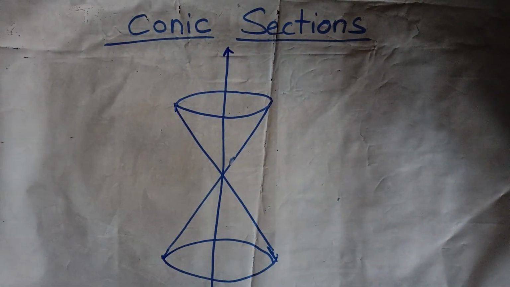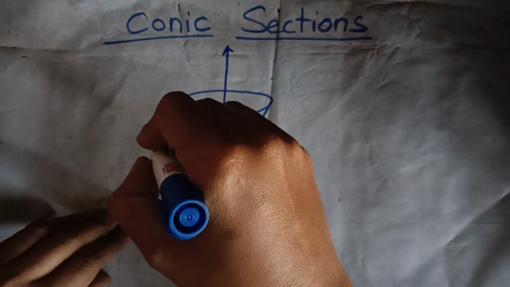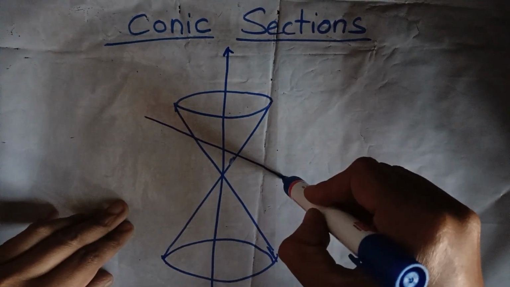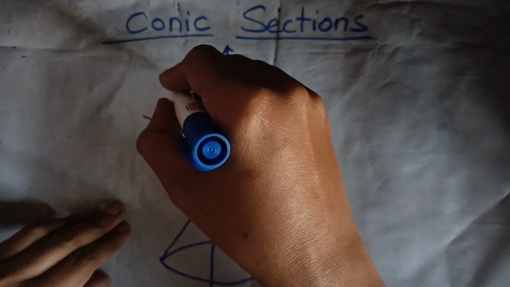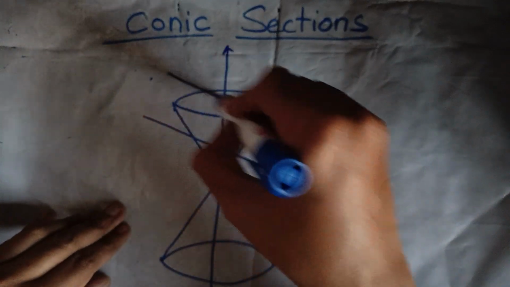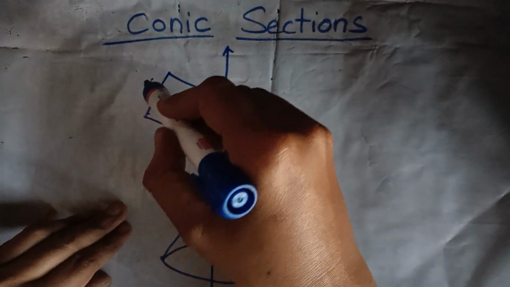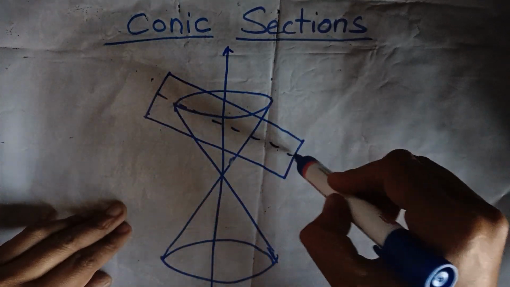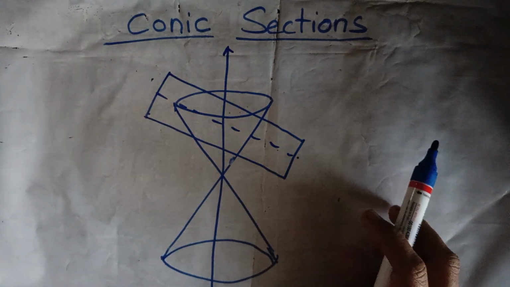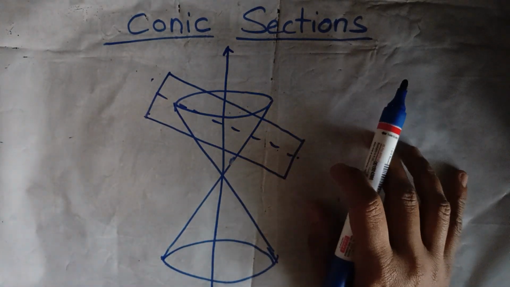And a plane is passing through this cone, that is, it is cutting the part of the cone. Whatever the cuttings are, those cuttings we are going to learn.